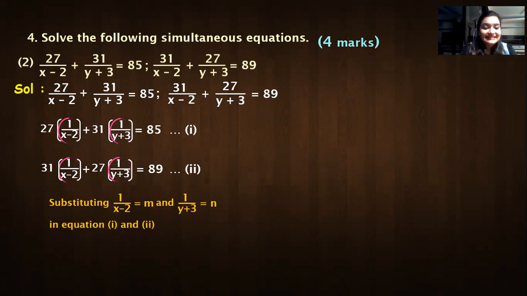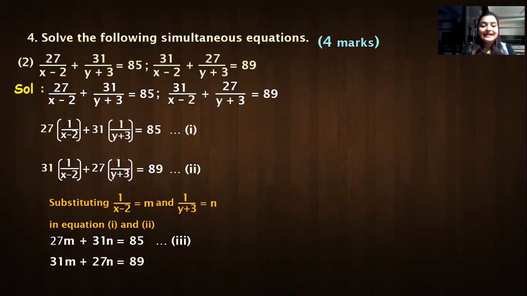So it will be 27m plus 31n is equal to 85, equation number 3. 31m plus 27n is equal to 89, equation number 4. We got both the equations.